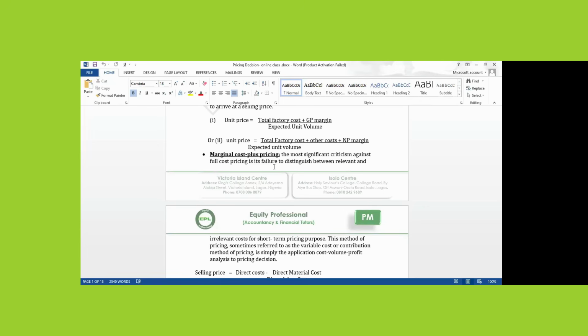In addition to the variable cost of the product, a certain percentage markup will be added to the variable cost, so as to arrive at the selling price.